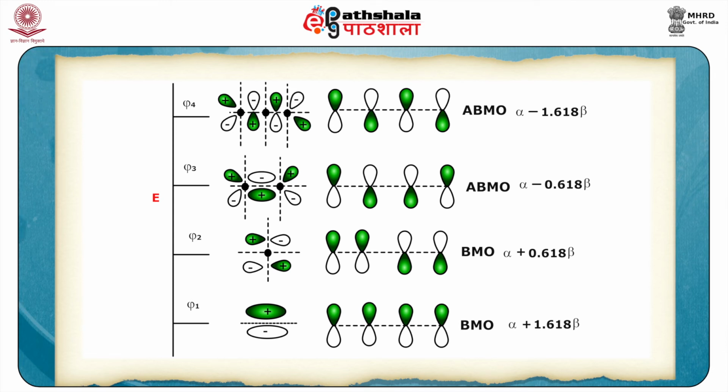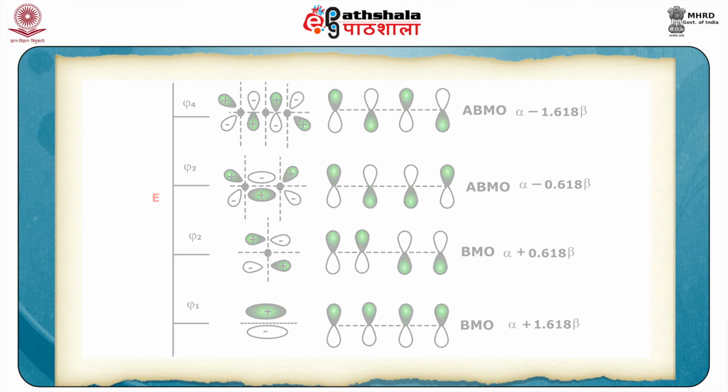So there is a change in sign of the coefficient as we go from carbon atom 1 to carbon atom 2, then again from carbon atom 2 to carbon atom 3, and again from carbon atom 3 to carbon atom 4. From this one thing is very clear: as the number of nodes increases, the corresponding energy of the molecular orbital increases.